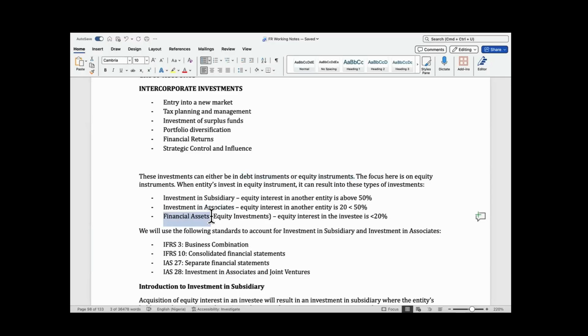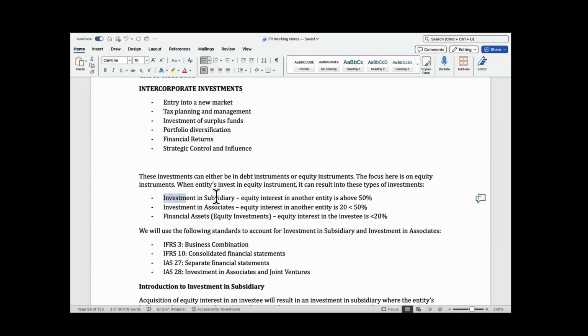So those are the three types of investments that can arise from equity investment. And there's one that I just intentionally removed, which is joint interests, or joint investment, or joint venture, where you have equal holdings with the other counterparties.